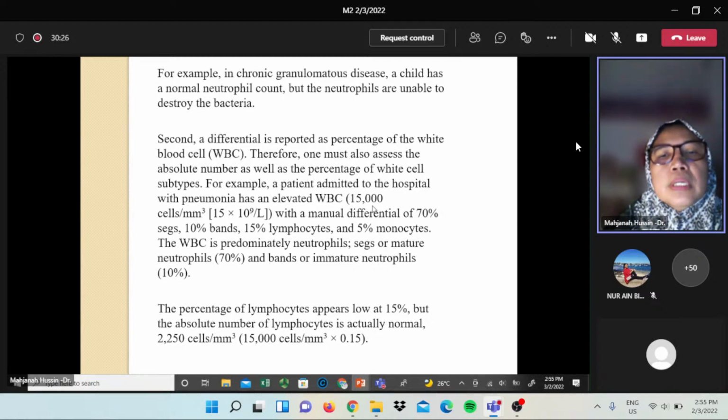So in 15 cells per millimeter square, you have 15 times 10 to the power of 9 white blood cells normally. Of that, you should have 15% lymphocyte, 5% monocyte, and the other 70% is segmented neutrophils.